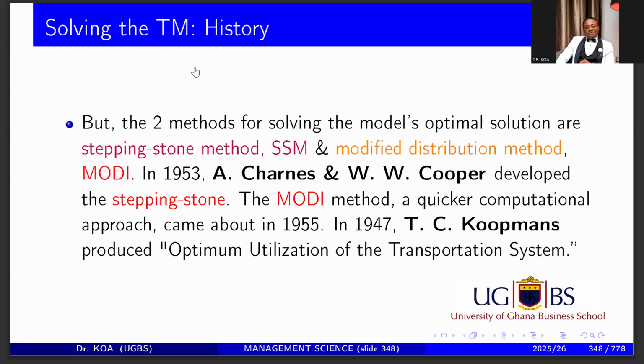So for the first two methods for solving the model, the optimal solution, not the initial feasible solution, you might see some common names here. The first one was known as the stepping stone method, and the other was known as the modified distribution method. Both of them were developed in 1953 by Charnes and Cooper.